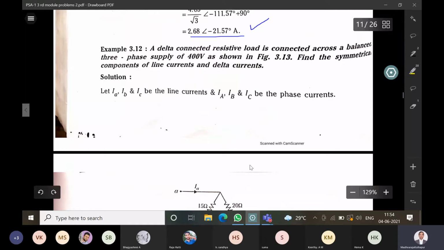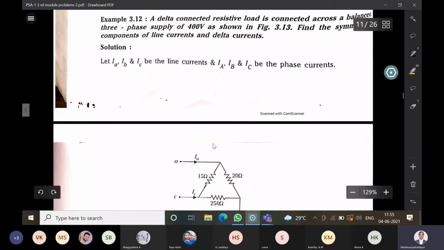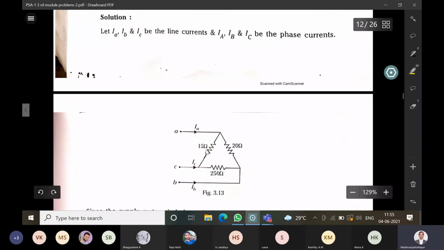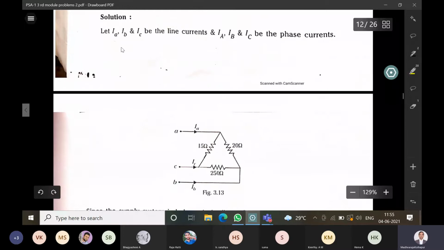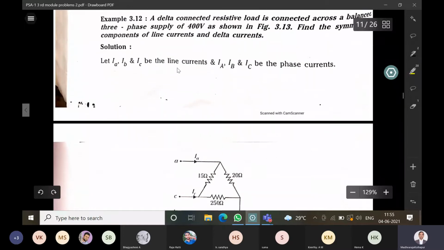A delta connected resistive load is connected across a balanced three-phase supply of 400 volts as shown in the figure. Find the symmetrical components of line currents and delta current. So it is a similar problem. Resistance values are given here: 15 ohm, 20 ohm and 250 ohm. IA, IB, IC values are not given.